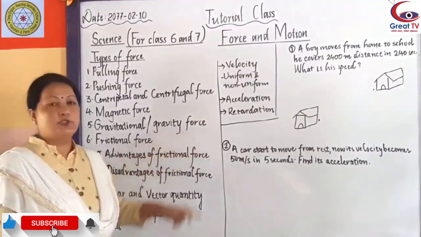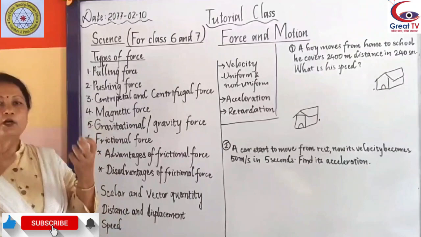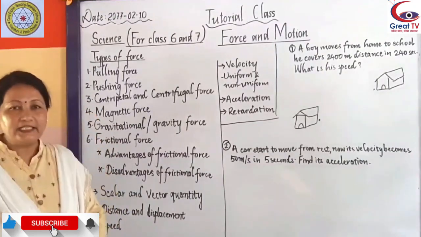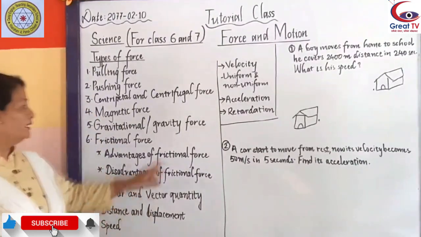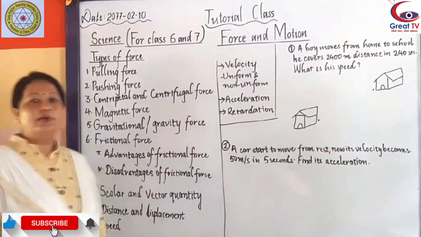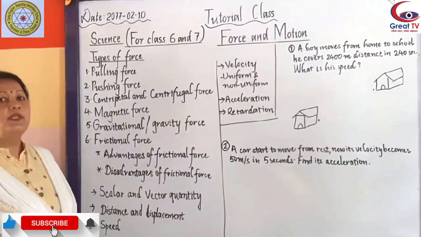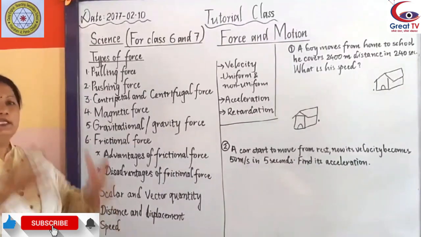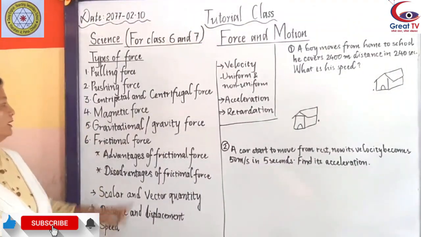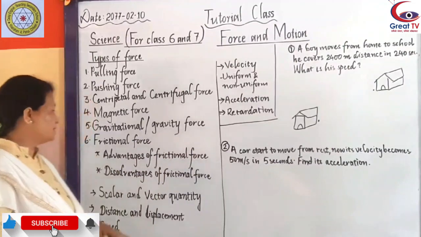And gravity force: the force by which all objects are attracted towards the center of the earth is called gravity force. For example, fruits falling from a tree. When you throw a stone upward, it comes back to the ground. This is due to gravity force.